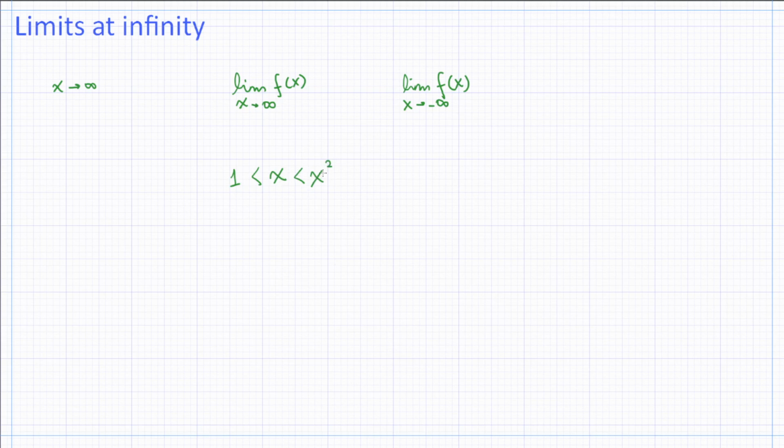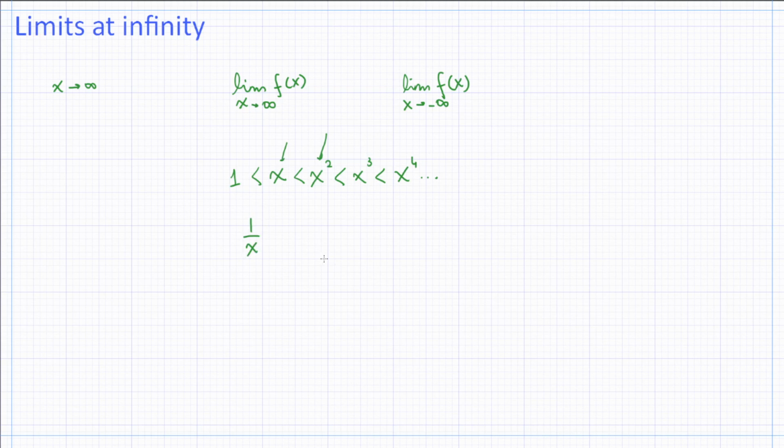If this is 2, this will be 4. If this is 4, this will be 16. And obviously less than x to the power 3, less than x to the power 4, and such. So if I'm comparing those functions, I could say that this one is approaching infinity faster than this one. It's just for fun.